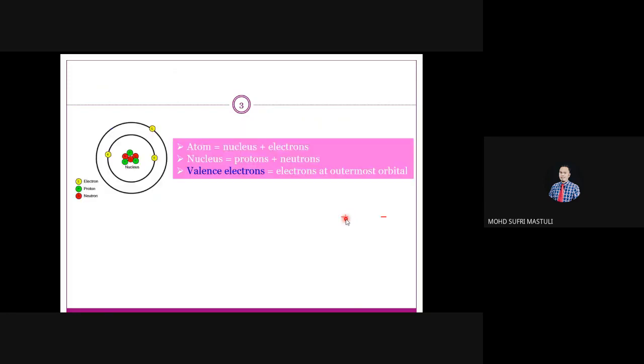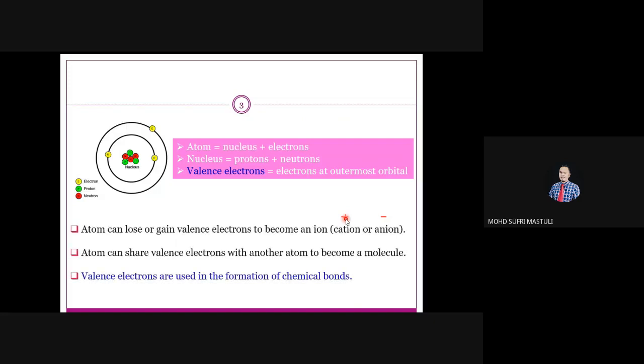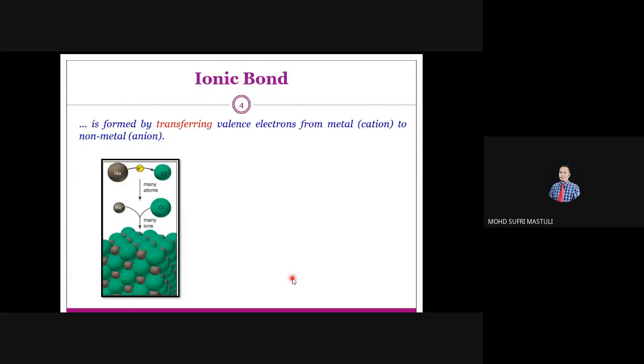This is the basic structure of the atom. The most important point is the valence electron. When I say valence electron, you can understand that valence electrons are the electrons in the outermost orbital. These valence electrons are used in the formation of chemical bonding.